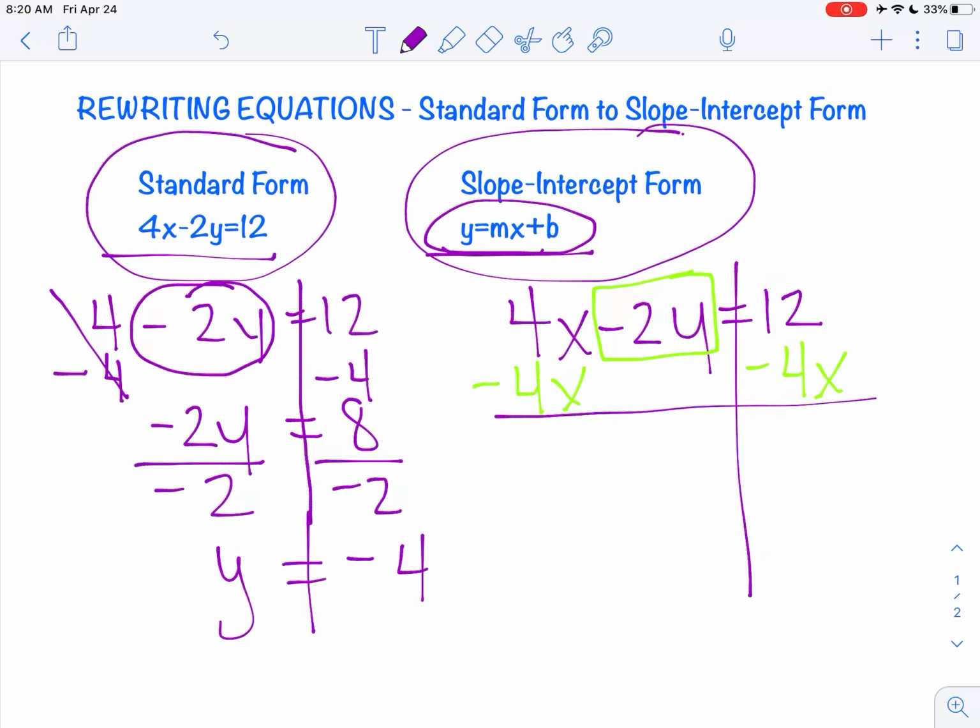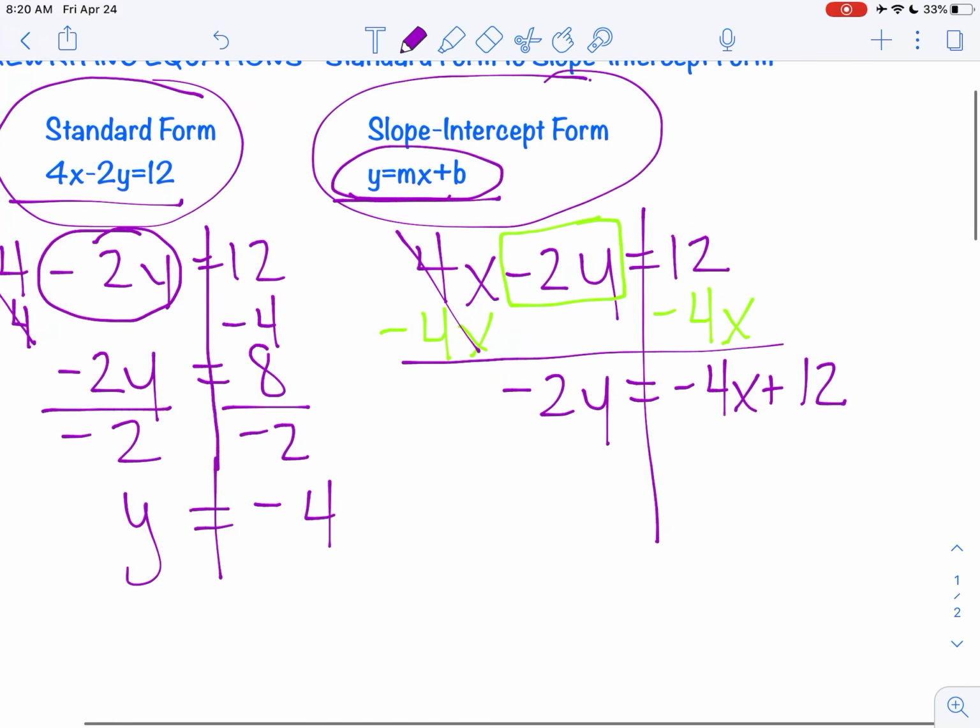Now, when I do that, this leaves me with 0 there, a negative 2y here, and we can't combine those because one has an x and one doesn't. So this becomes negative 4x plus 12. That's a positive 12. That's a negative 4x. So we're getting closer to what we need.